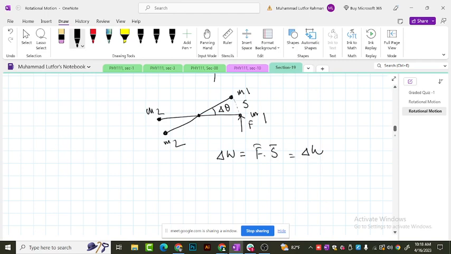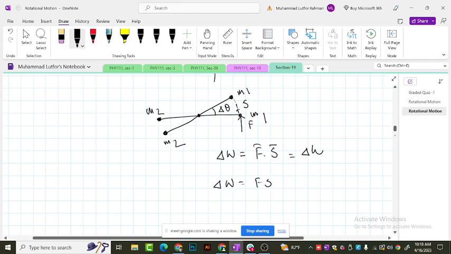So del W should be F into S. Why? Look at this, your force and the displacement are in the same direction at every point, so the angle is 0. If the angle is 0, then the dot product F dot S would be F S cosine theta. Theta would be 0, so cos 0 is basically 1. I can write it simply as FS.